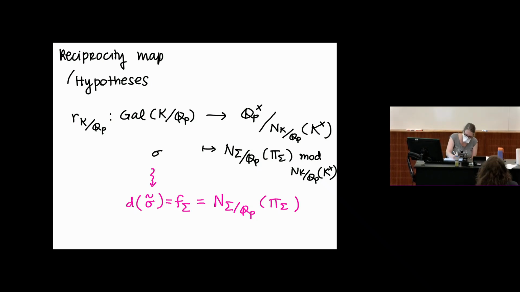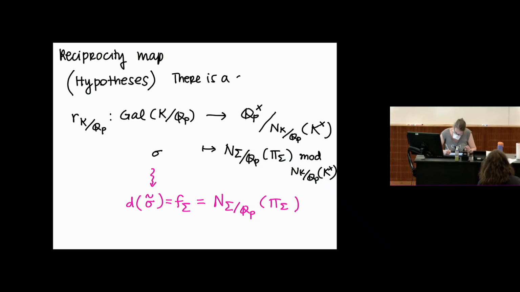Okay, I mean, I haven't given the hypotheses. They're satisfied in the case of Qp, and this is a group homomorphism. That sends to every Galois element, every element of some Galois group, to some element of Qp cross, which in some sense, right, has been judged.